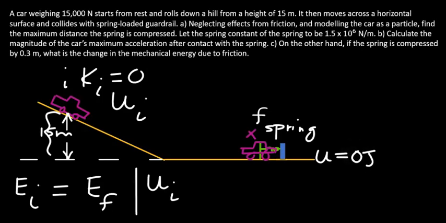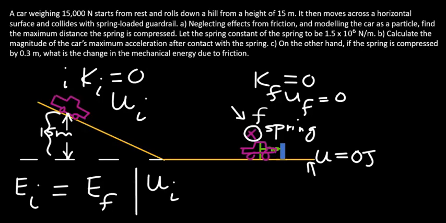Now let's see what happens to the car at the final state. At the final state, the car is also at rest because it has compressed the spring by the amount x, the maximum compression that is. So the kinetic energy there is also 0. The gravitational potential energy is 0 as well because the car is at the ground level.